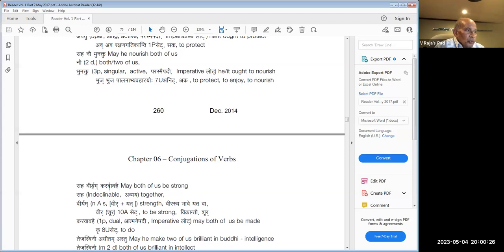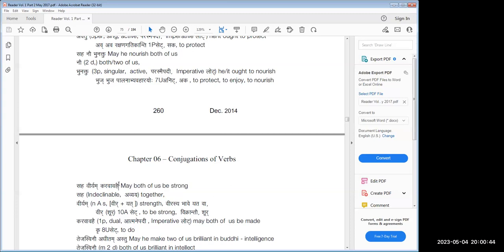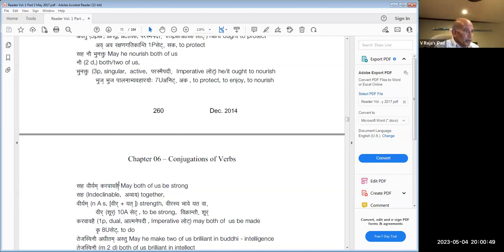Viryam, make us strong. So this is avahai. Look at which one it comes to in your table 240. Atmanepadi dual, sir. Good. So that is what it is.